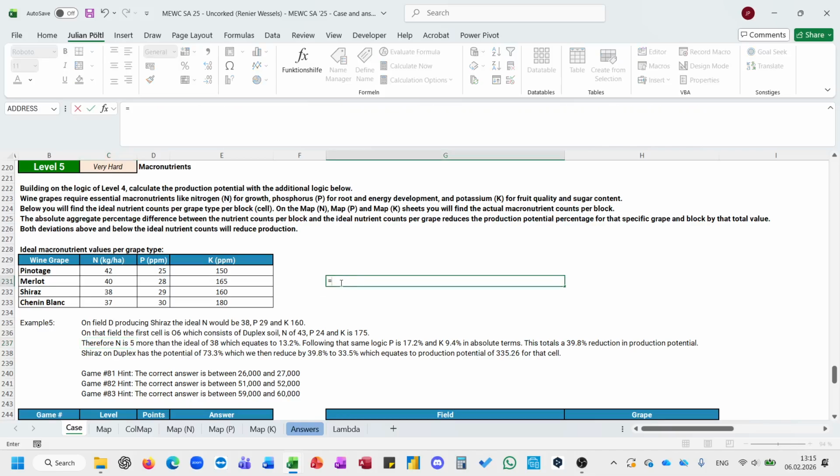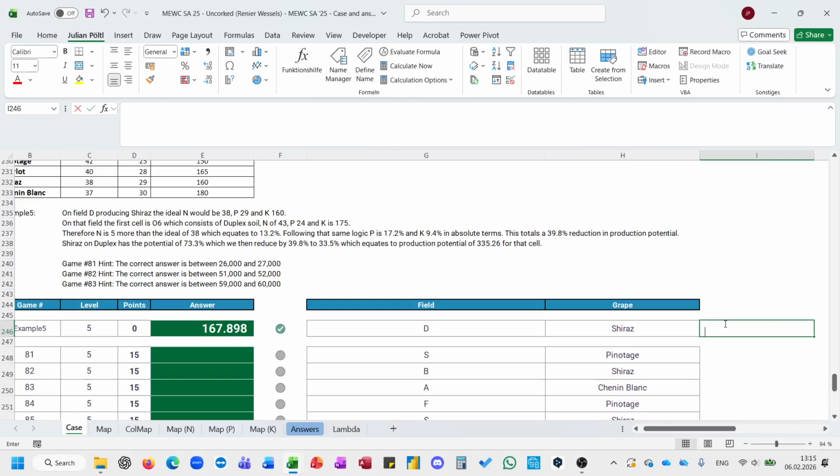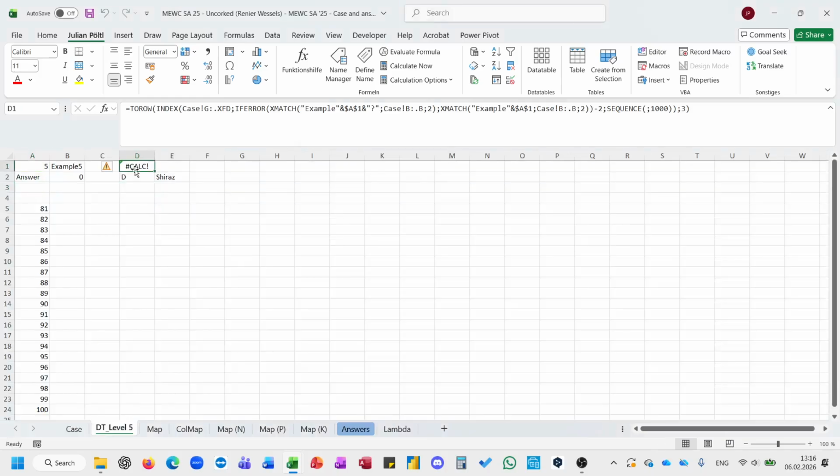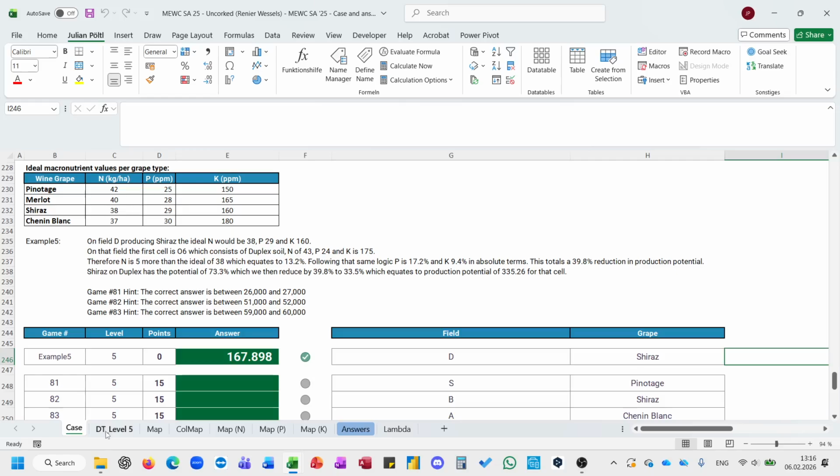So equals 43 divided by 38 is then -1. Okay. I don't know if I have to round, but let's see. Okay. Not data table this. Okay, interesting.